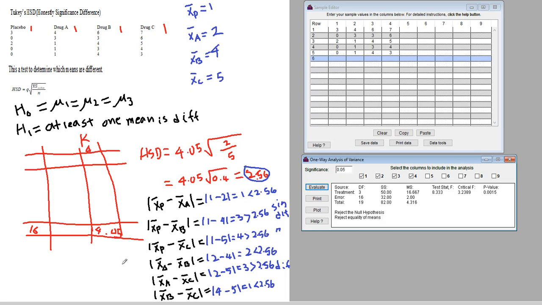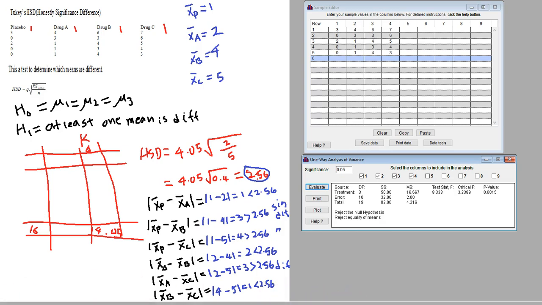It does not tell you, when you look at the placebo and drugs A, B, and C, and compare all of them at the same time. So with Tukey's HSD, you must go head to head, find the difference of those two means, and compare that to the HSD.